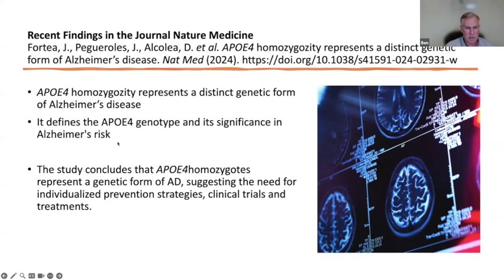And prevention strategies, well, we got a lot for you. Now, the findings reveal that almost all APOE4 homozygotes exhibited Alzheimer's disease pathology and had significantly higher levels of Alzheimer's disease biomarkers from age 55 on compared to people with the APOE3 homozygotes, so people with two E3s.